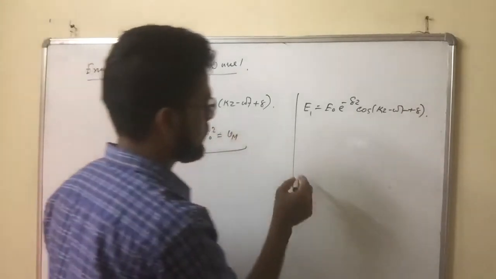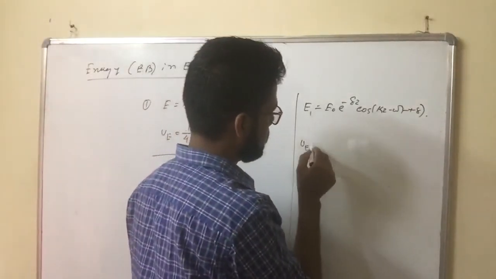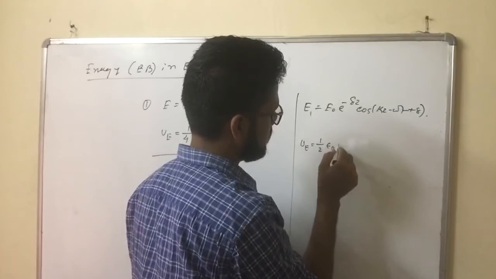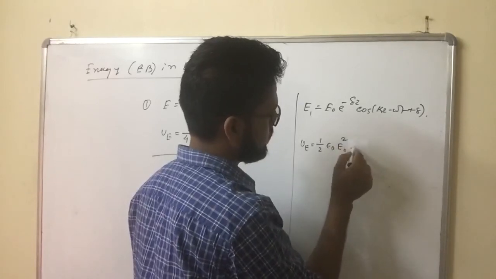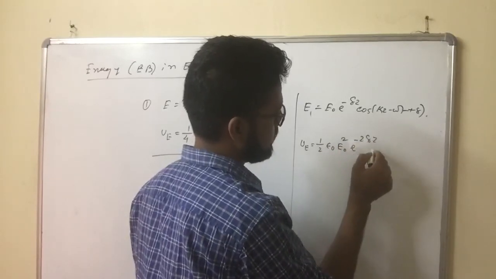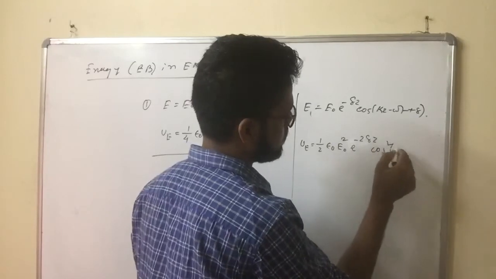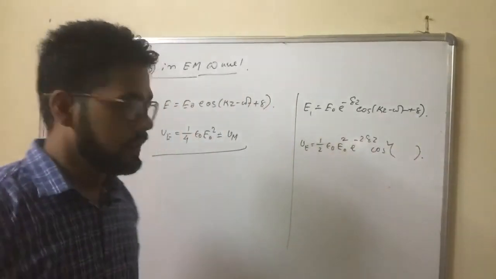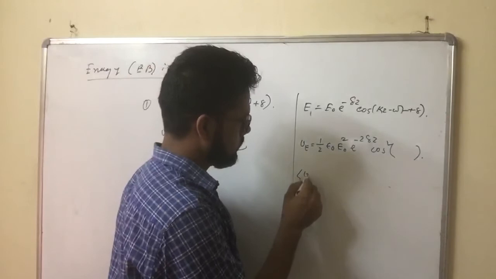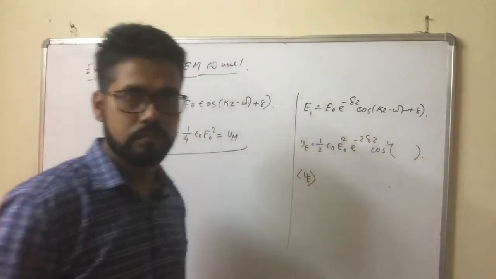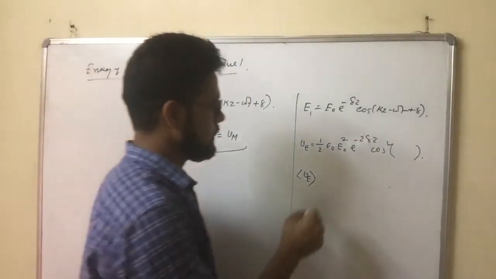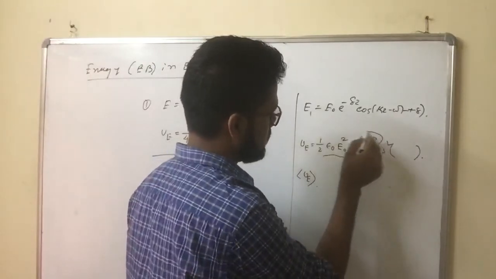Now what happened in this case? Because the electric energy density equals half epsilon naught E naught square e to the power twice delta z, and this is cos square this time. Now when I take the average, this whole term is a constant term.